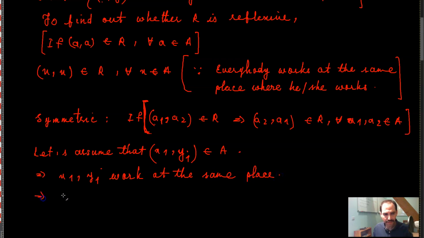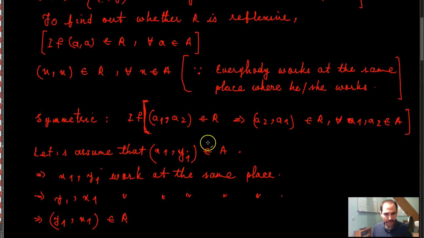Which implies that y1 and x1 also work at the same place, which implies that (y1, x1) also belongs to R, right?